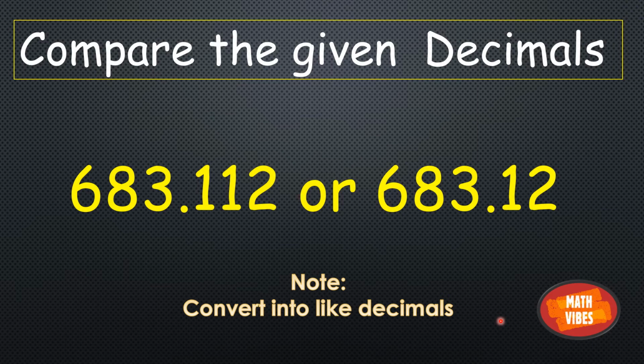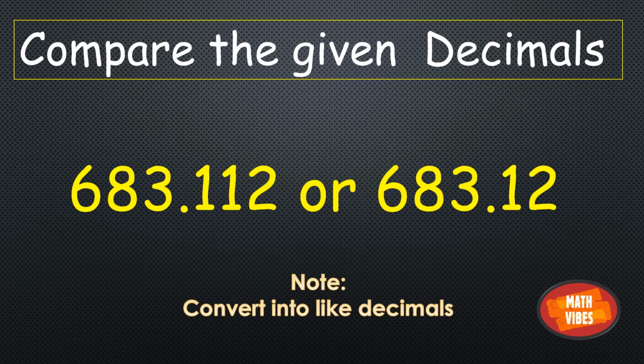So if you are comparing, you have to take note that the two quantities, or the two persons, whoever you are comparing, should be of the same level. How can I compare 683.112 with 683.12? They are not like.